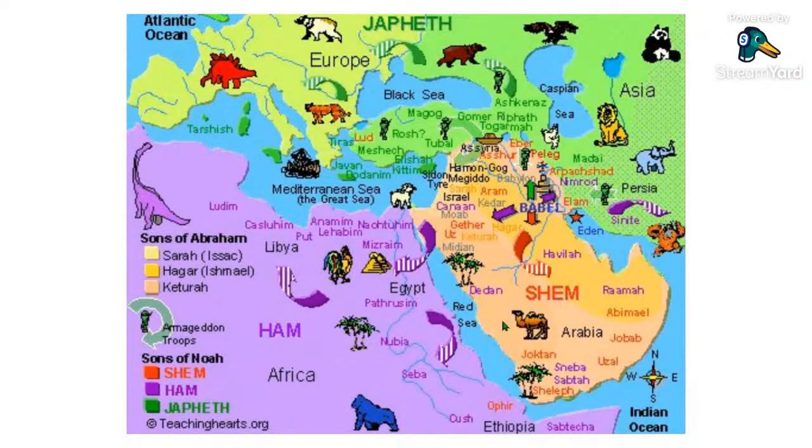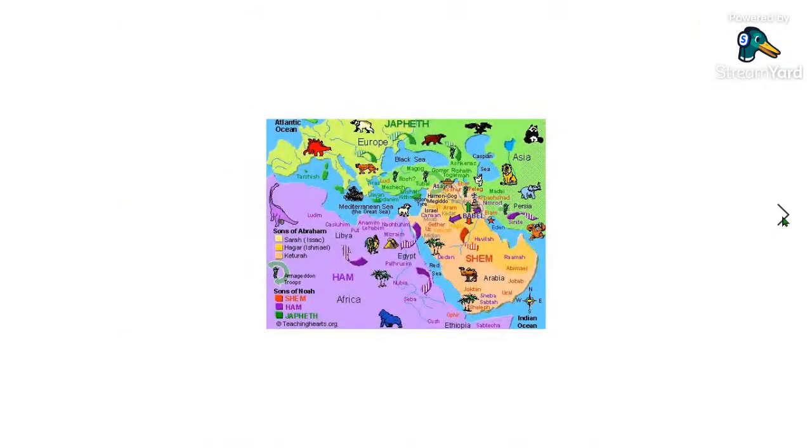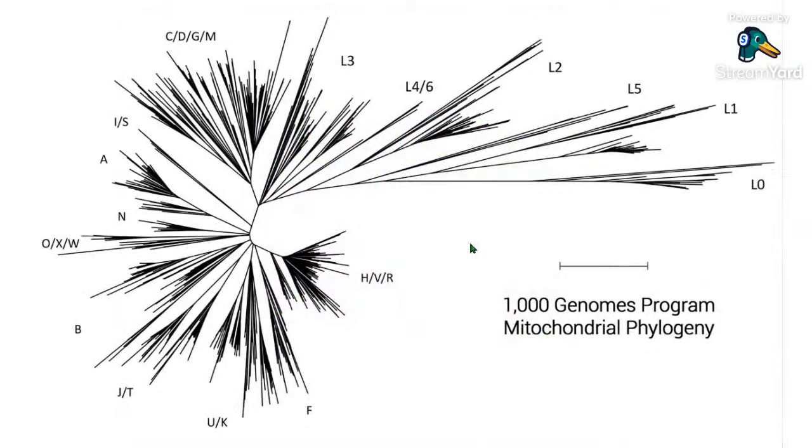So basically, the J, of course, is Semitic, and the J is associated with the I as well. So this is the Simmons 1,000 Genomes Program, mitochondrial phylogeny, the mitochondrial DNA, the maternal line.